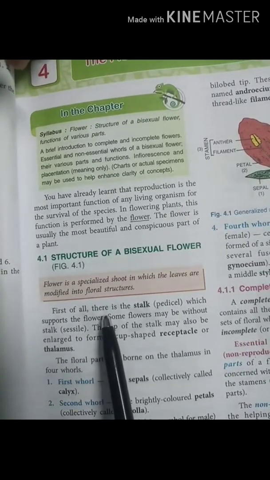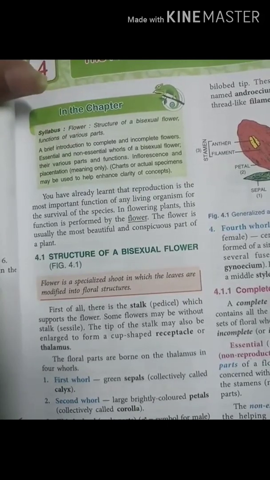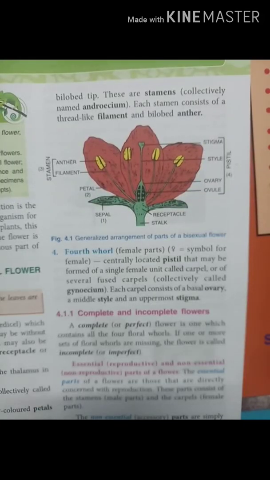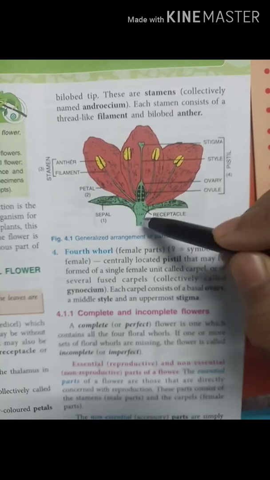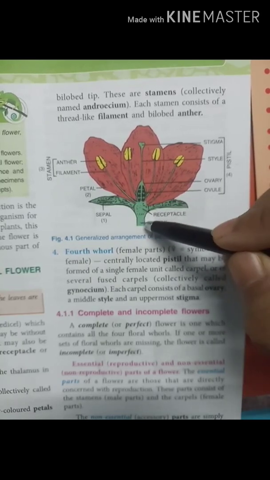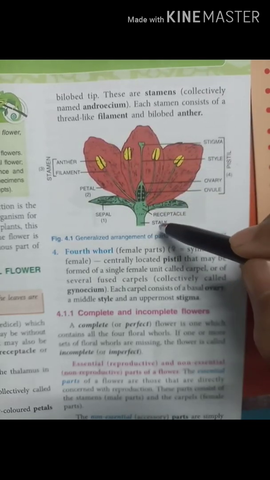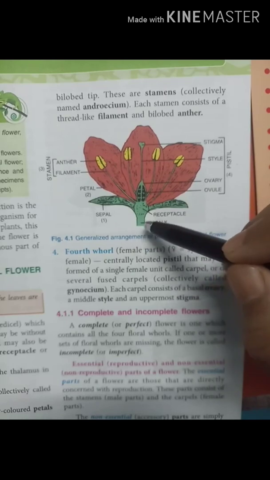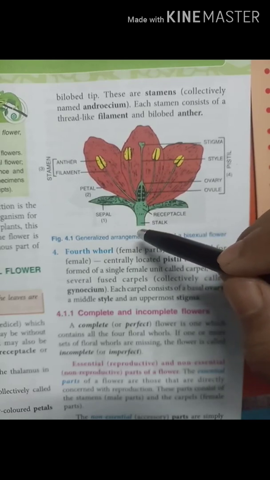First of all, there is the stalk, also known as pedicel, which supports the flower. This is the function of the stalk. Some flowers may be without this structure and are called sessile flowers.